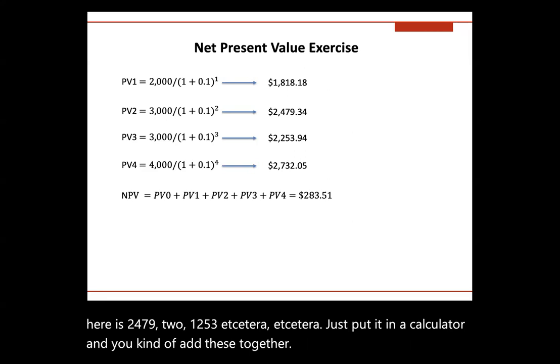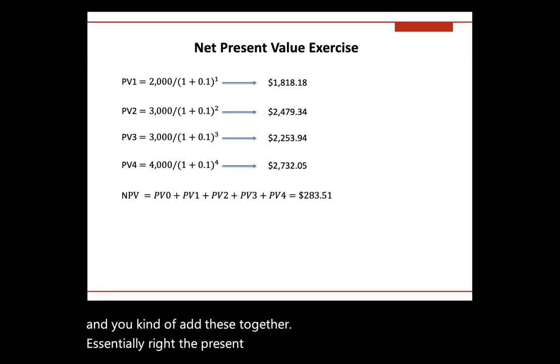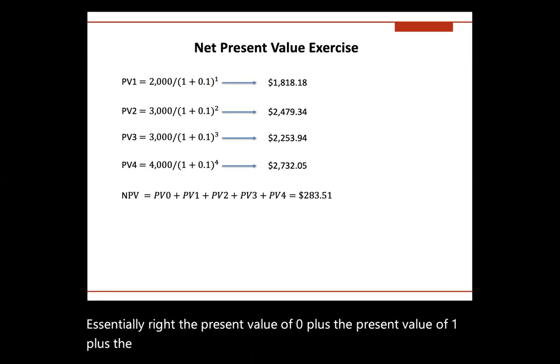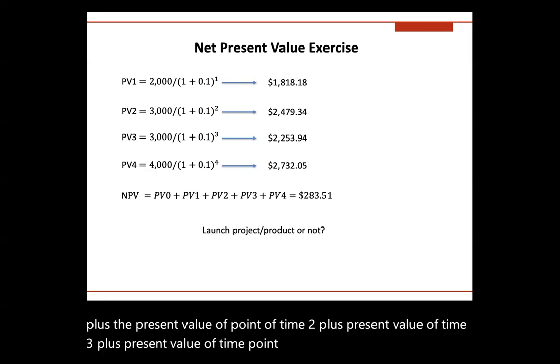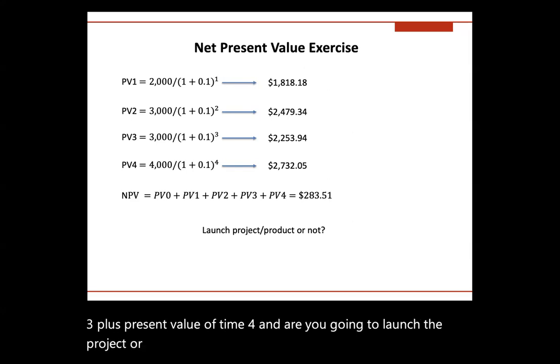Essentially, the present value of time point 0 plus the present value of time point 1 plus the present value of time point 2 plus present value of time point 3 plus present value of time point 4. And are you going to launch the project or not? It's actually quite simple.